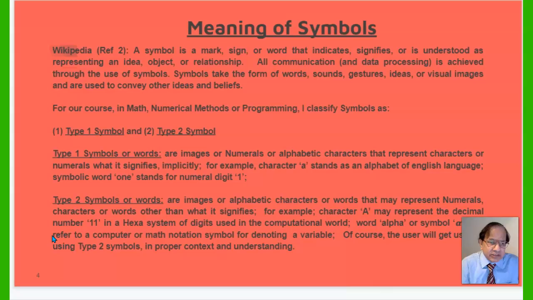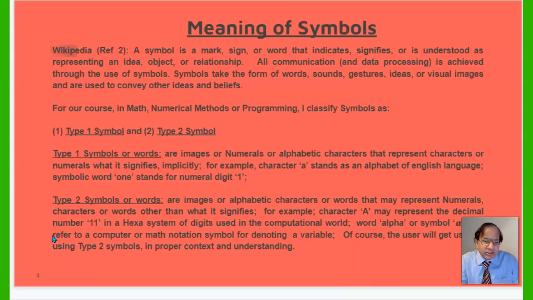Type 1 symbols are words or images or numerals or alphabets, characters that represent characters, numerals, what it signifies directly, implicitly. For example, character A stands for the alphabet in English language, and the word ONE stands for the numerals number 1, digit 1.